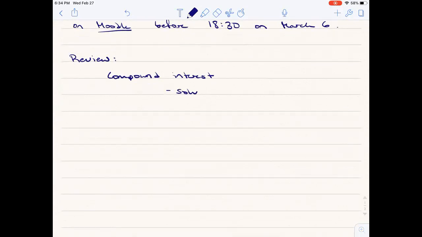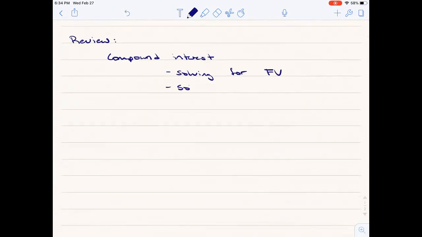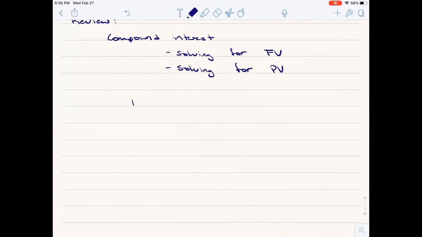And solving for the future value. And we solved for the present value. In the formula, the future value is PV times 1 plus i to the power of n.